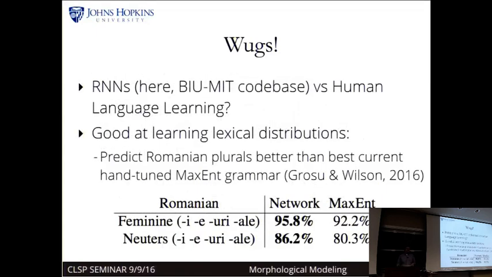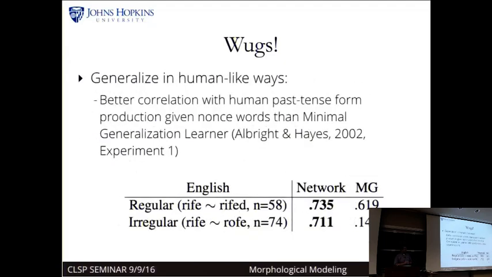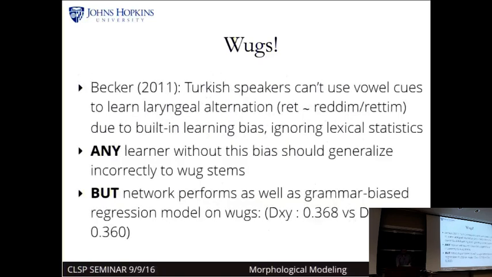This next one here is the nonce word data set. The test is on nonce words, but the training is on the lexicon. How big a training set? Oh, I'd have to check, but I think it's a couple thousand plural singular pairs. But the WUG set is small, so there were 74 total.